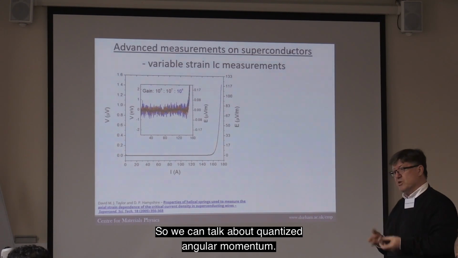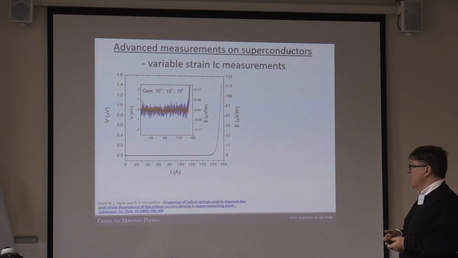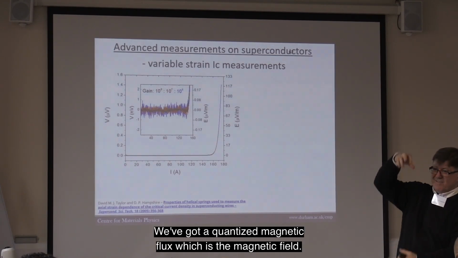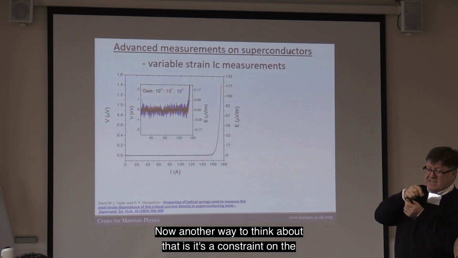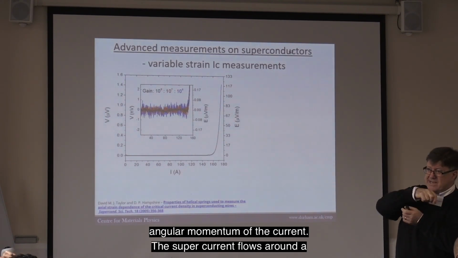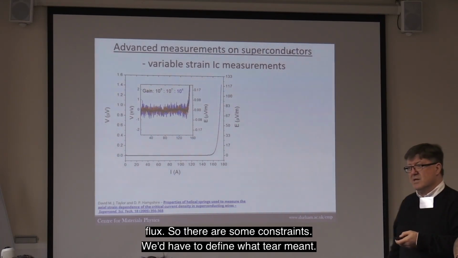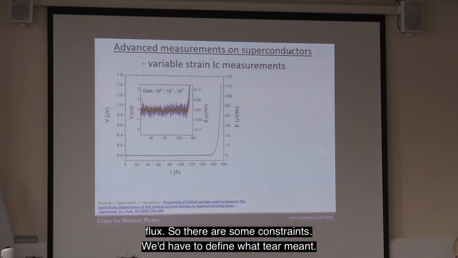So we can talk about quantized angular momentum. And with the fluxons, we've got the same thing. We've got a quantized magnetic flux, which is the magnetic field. Another way to think about that is it's a constraint on the angular momentum of the supercurrent that flows around a fluxon. So there are some constraints. We'd have to define what tear meant.